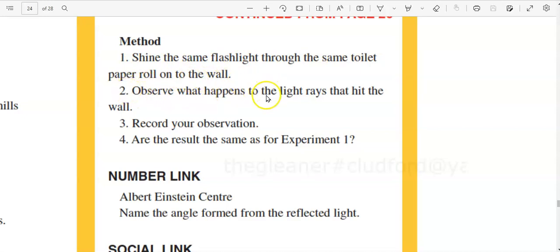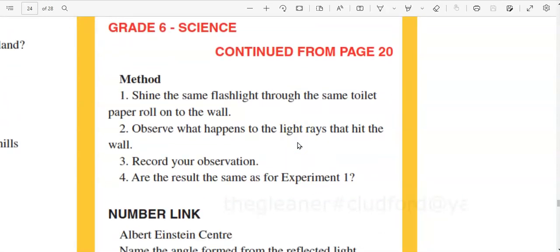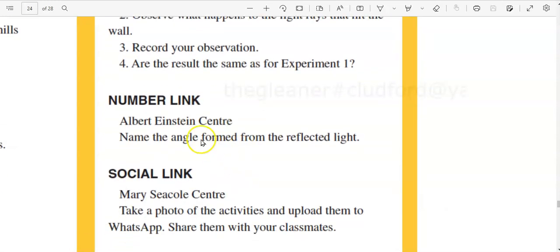Observe what happens to the light rays that hit the wall and record your observations. And are the results the same as for experiment 1? So remember, in the first experiment, you were shining it onto a mirror, but now you're shining it onto the wall. So that's a difference there.